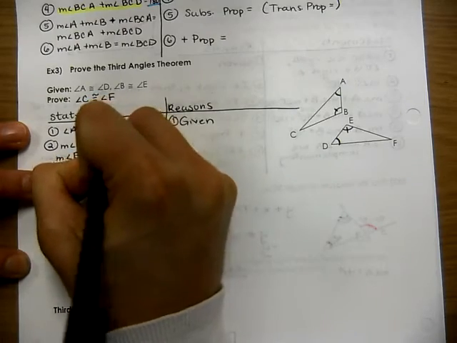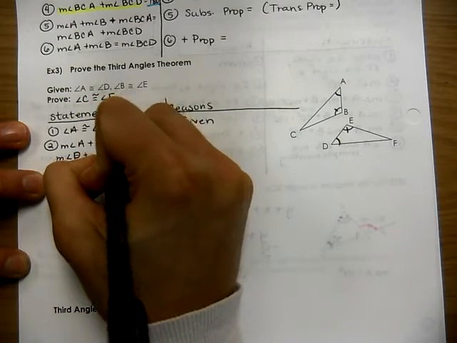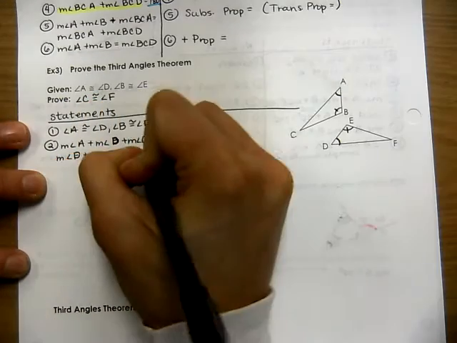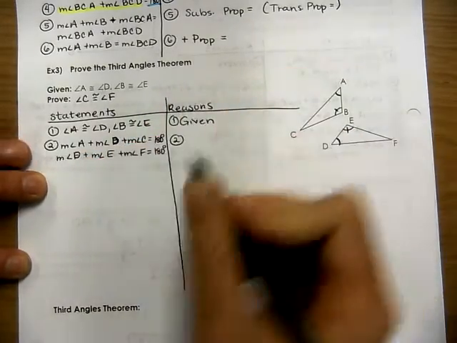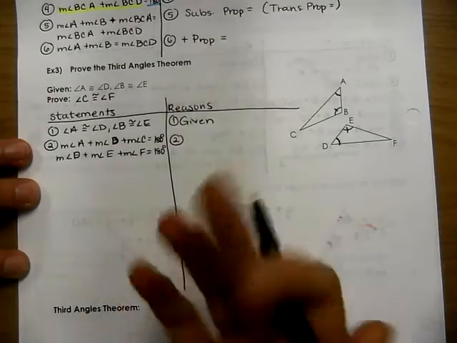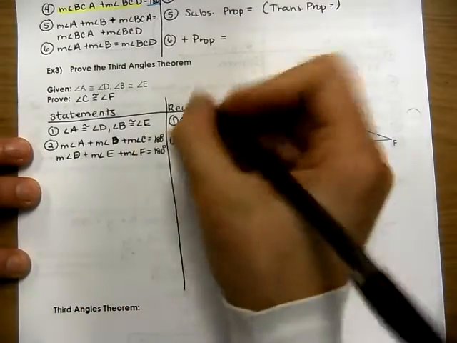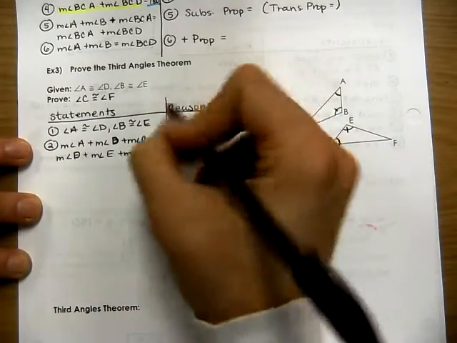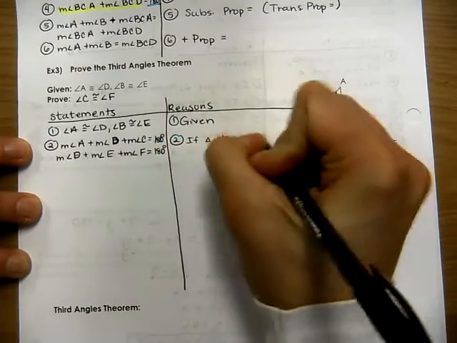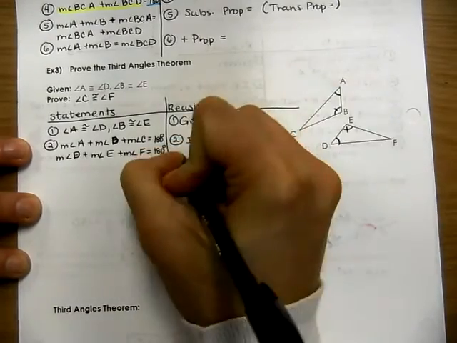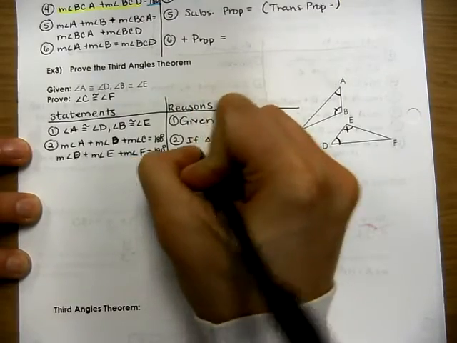Measure of angle D plus measure of angle E plus measure of angle F equals 180 degrees. Now, I don't know if I need both of these statements. I'm going to put them here right now and see if we need both of them as we do this proof.